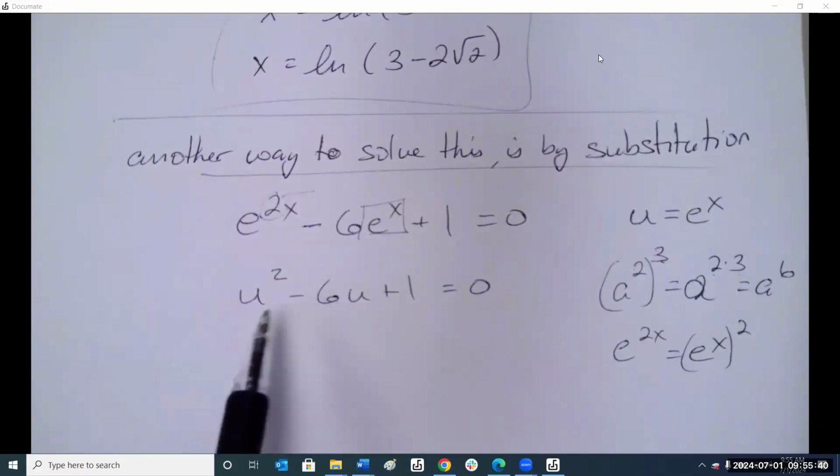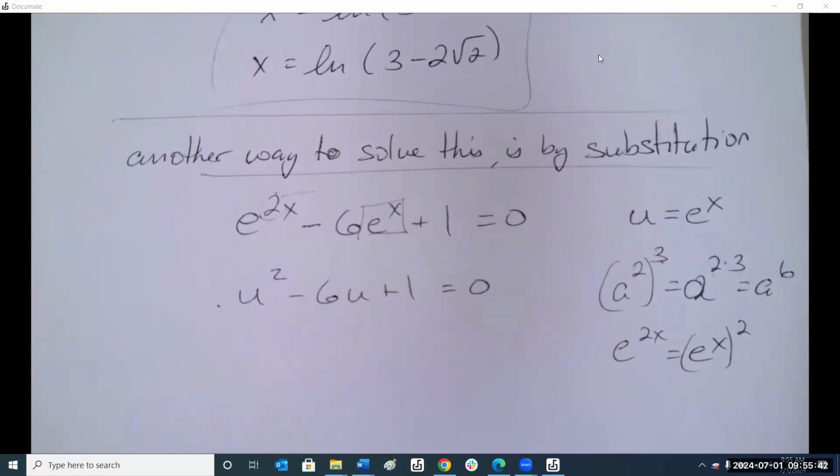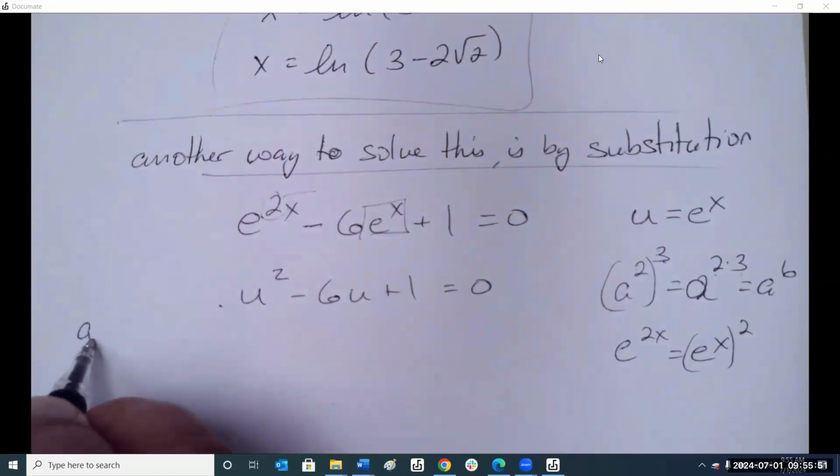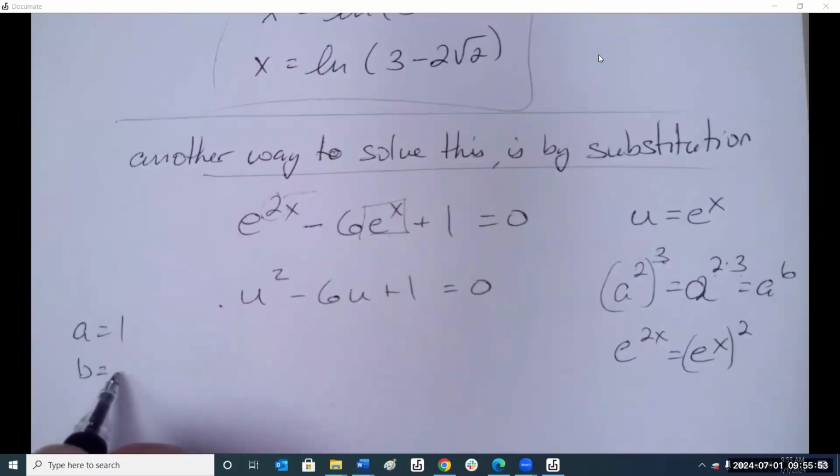Now it's quadratic. Coefficients 1, -6, and 1. So with practice, you'll start seeing that. And then we use a is 1, b is -6, c is 1.